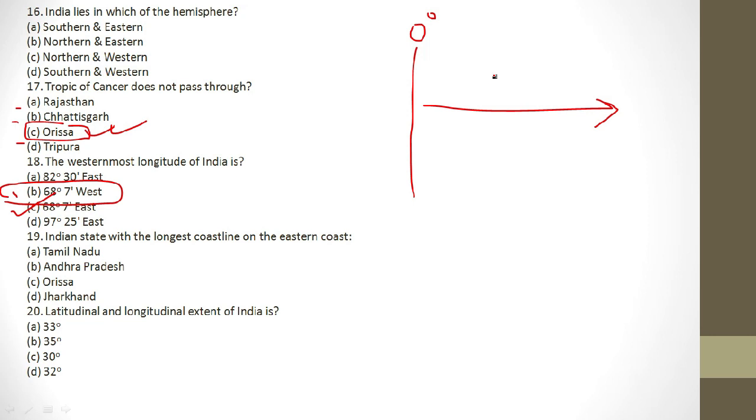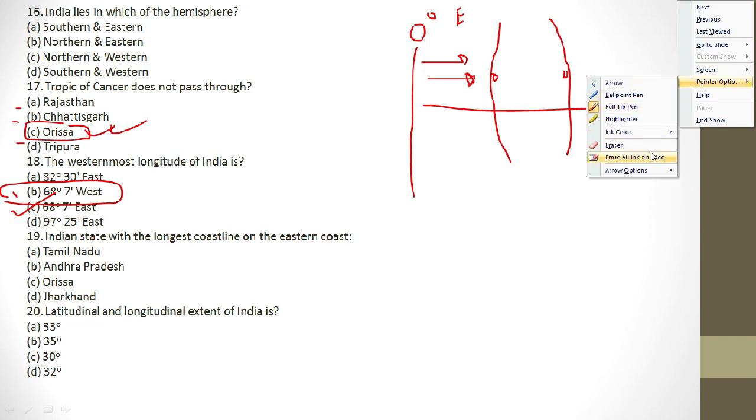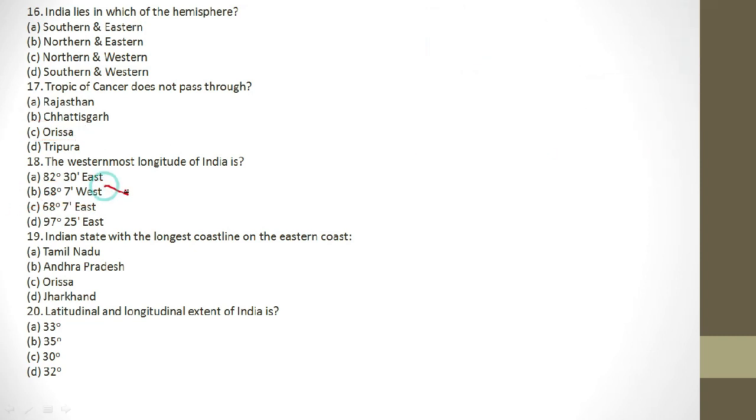For example, if we assume this is Gujarat and this is Arunachal Pradesh, both the longitudes passing through Gujarat and Arunachal Pradesh lie completely eastwards of this 0 degree longitude. That is why it is mentioned as 68 degrees 7 minutes east. So don't get confused and mark your answer as 68 degrees 7 minutes west. It will be incorrect. East will be correct.